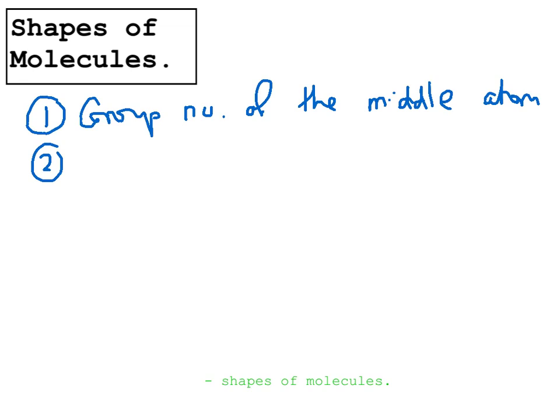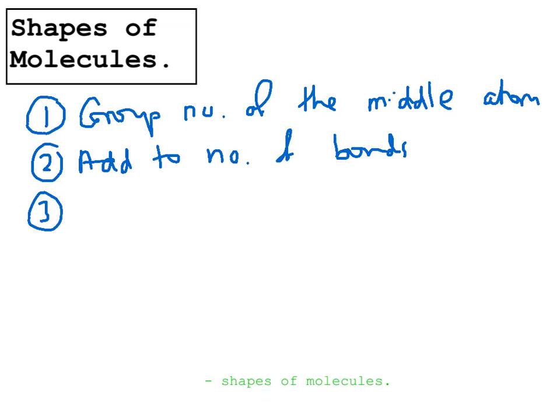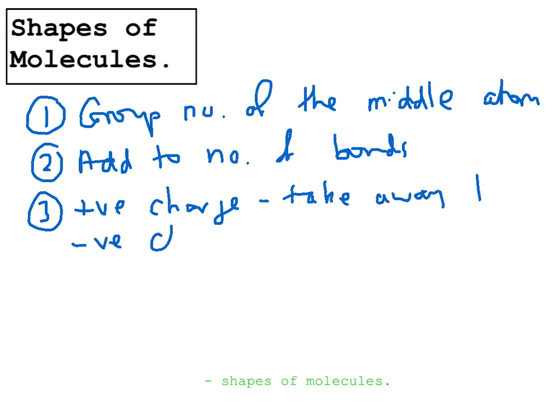You then add this to the number of bonds, and then the third step takes into account whether there's a positive or negative charge on the molecule. So if there's a positive charge, you take away one, and if there's a negative charge, you add 1 to the running total, and then you divide your answer by 2.